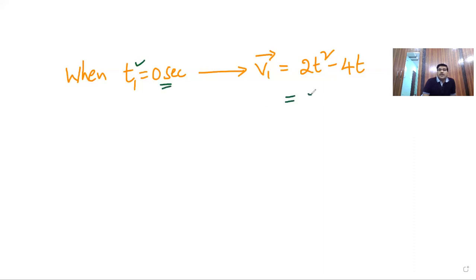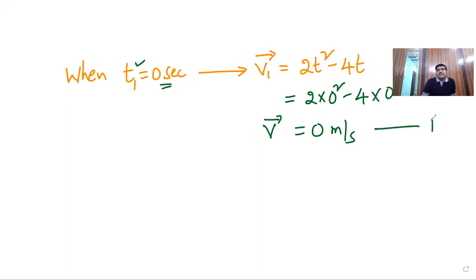So this becomes 2 into 0 square minus 4 into 0, which is 0 meter per second. So V1 bar is 0 meter per second.